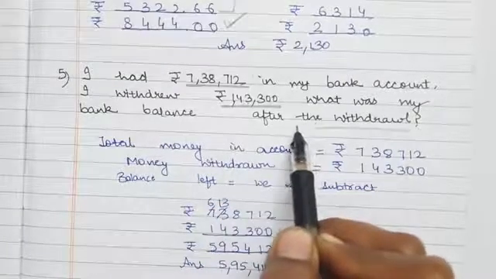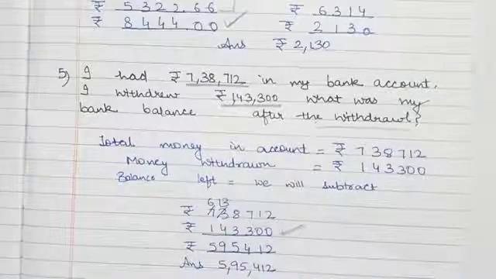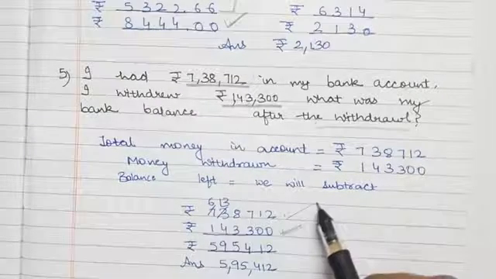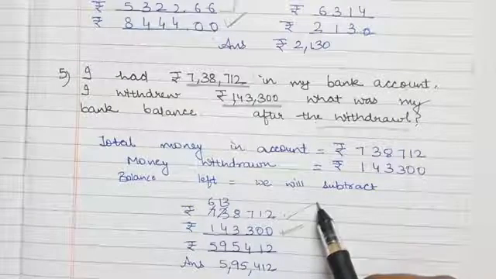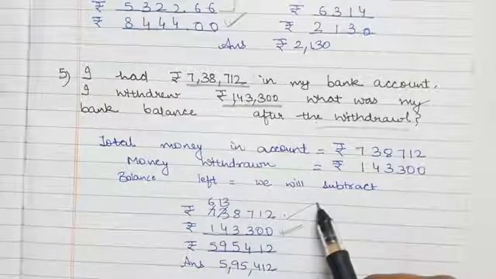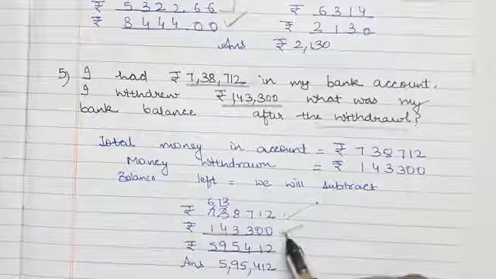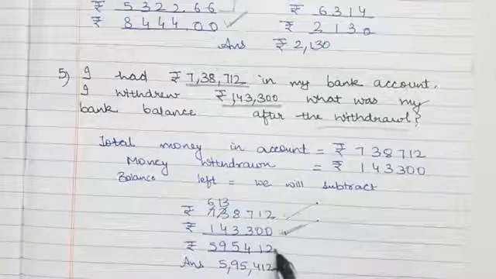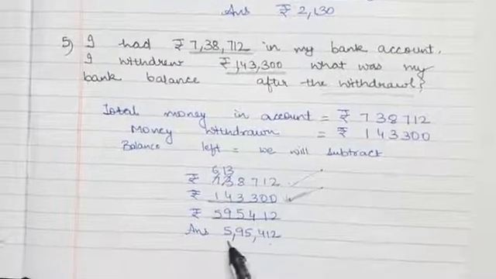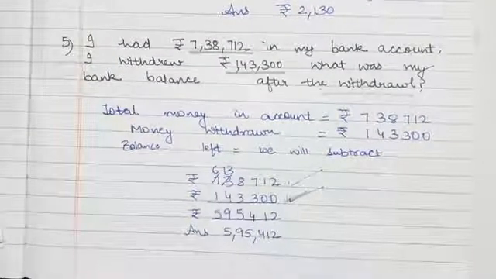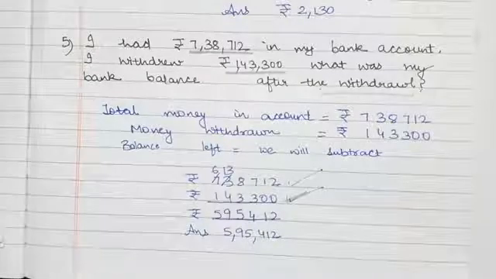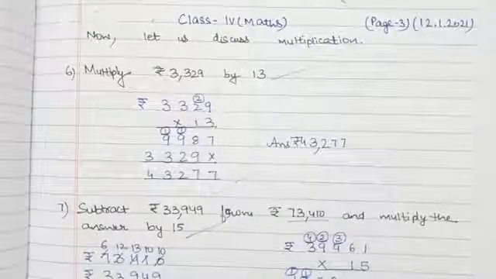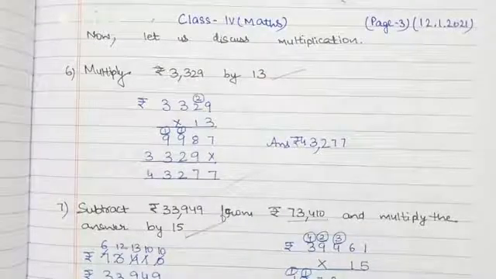So what I will do? Yes, I will do the subtraction. So 7,38,712 I will write on the top. Then 1,43,300. Then on subtraction, I got 5,95,412. Clear, children?